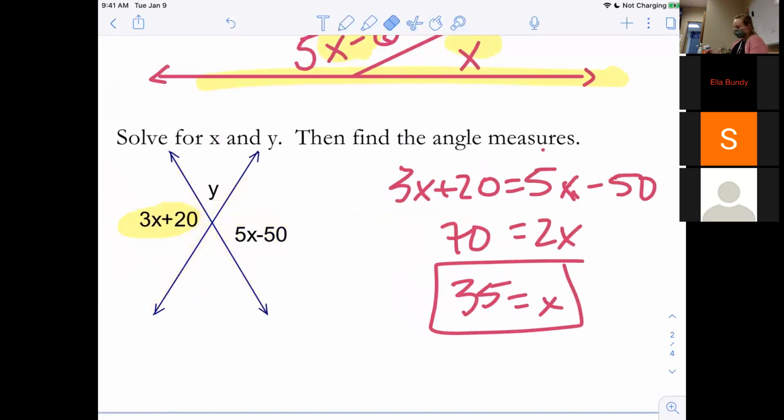All right, last, now I'm just going to pick one of my x's. Let's say we'll pick the 3x plus 20. How does that relate to y? What's my relationship between 3x plus 20 and y? Caleb? Yes, and what's the special word that we learned for that? Caleb said if we add them up, they have to equal 180.